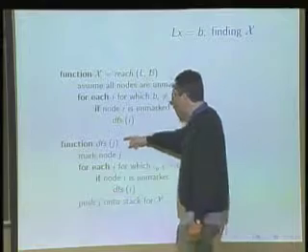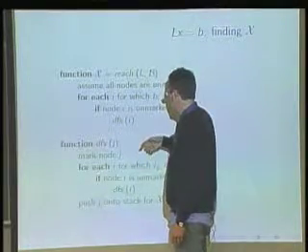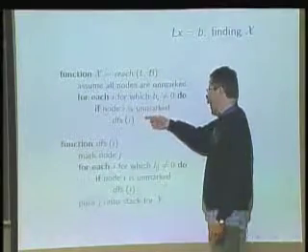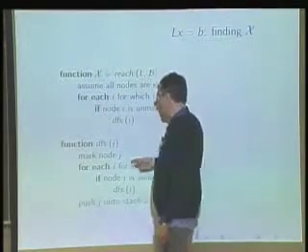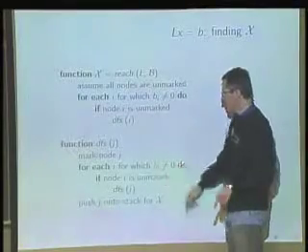So to do a DFS, you just mark the node, because you only start the DFS if it's unmarked. You mark the node, and then for every outgoing edge that's not marked, you start a DFS.